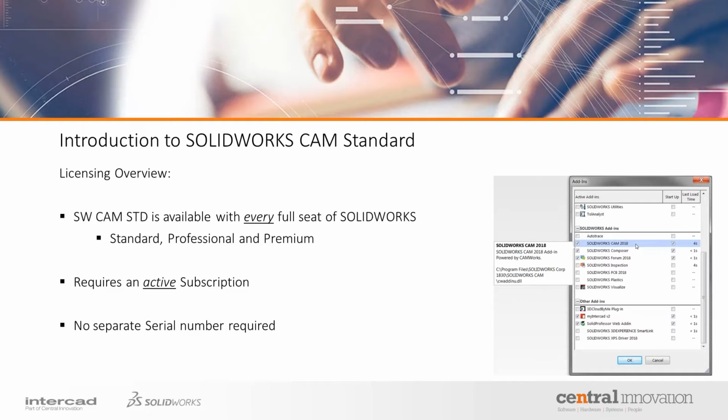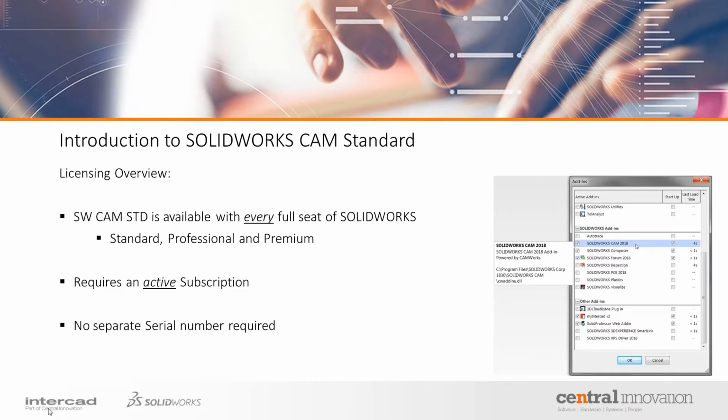There's no requirement for a serial number. You might see that when you go to install SOLIDWORKS. That's only for SOLIDWORKS CAM Pro, and we're not providing that in our region at this time. So you shouldn't need to pop your serial number into the installation manager when you install SOLIDWORKS.